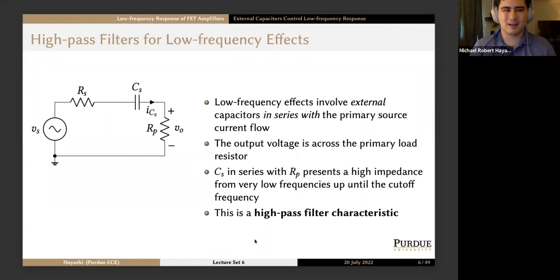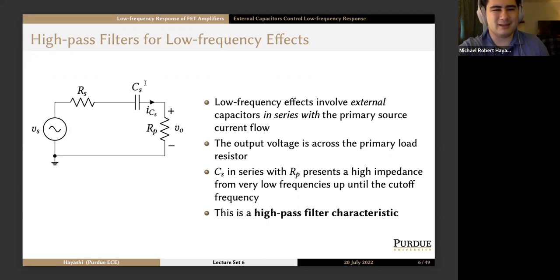So, high pass filters for low frequency effects. Low frequency effects usually involve the external capacitors in series with the primary source current flow. Say we have the Thevenin equivalent of a source, so V_S, a sinusoidal source, and R_S series resistance.